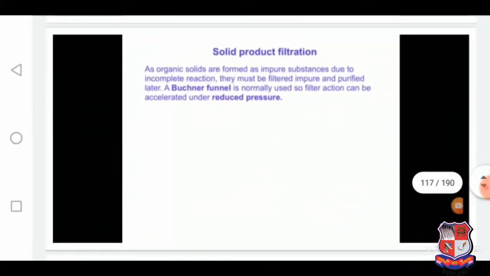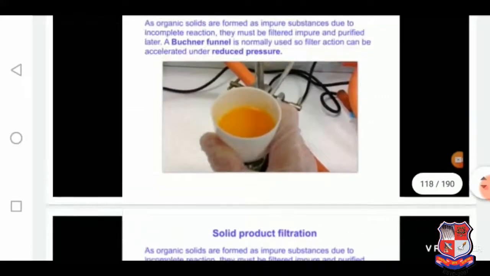Now first we will see the solid products and their filtration. Organic solids are formed as impure substances due to incomplete reaction. They must be filtered and purified later. A Buchner funnel is normally used to filter, and the action can be accelerated under reduced pressure.